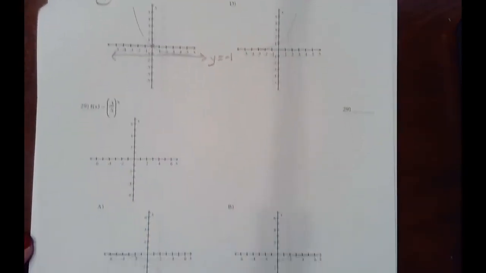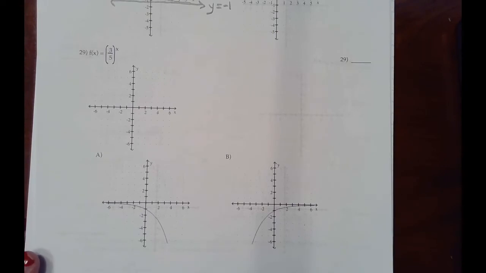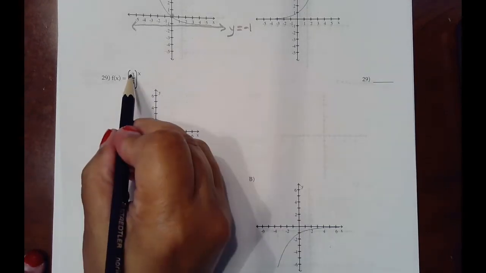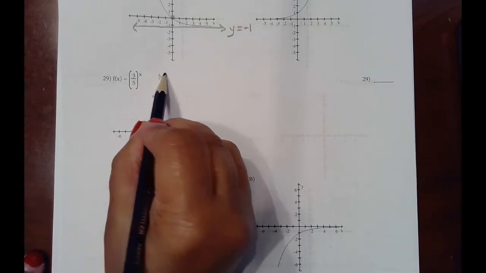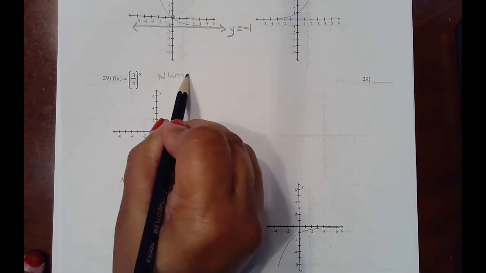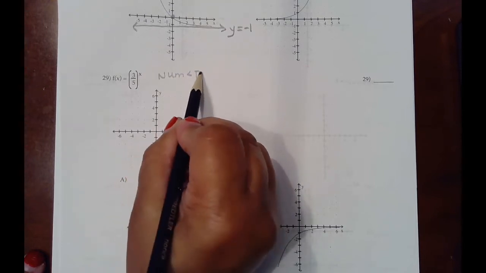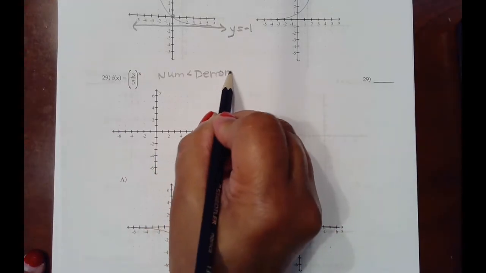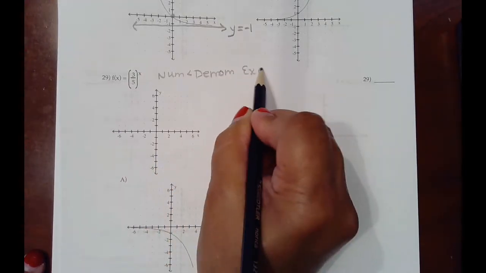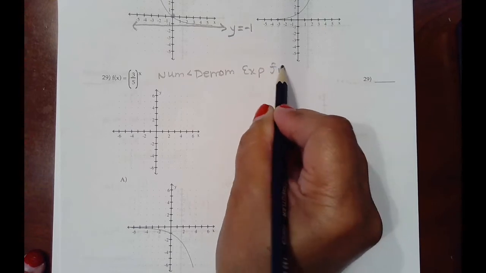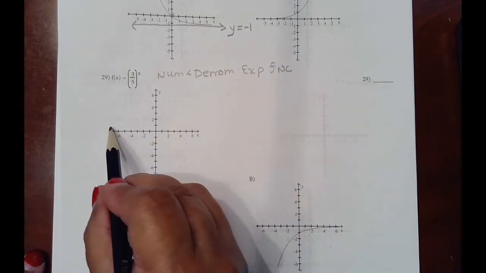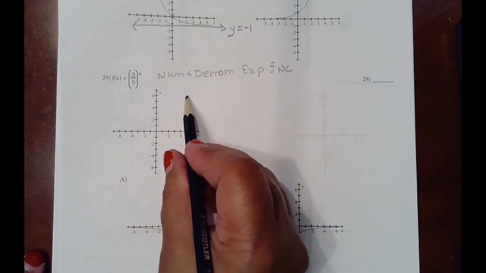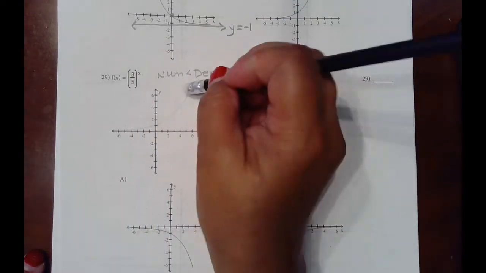Okay, then you come to number 29. What we talked about in the guided notes is that whenever you have a base where the top is less than the bottom, the numerator is less than the denominator, for an exponential function, instead of it going like this, it goes in the opposite direction.